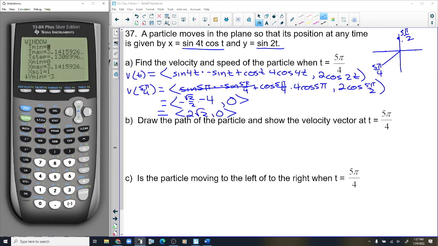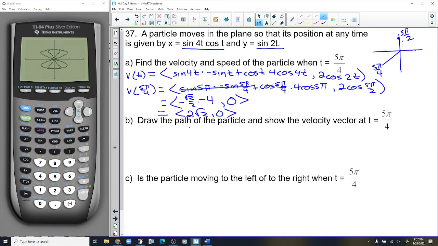So we're going to go 0 to 2 pi. And like I said, it's a small graph. So we're going to go negative 2 to 2, negative 2 to 2. Graph. It's tiny, but it's kind of cool, I think.